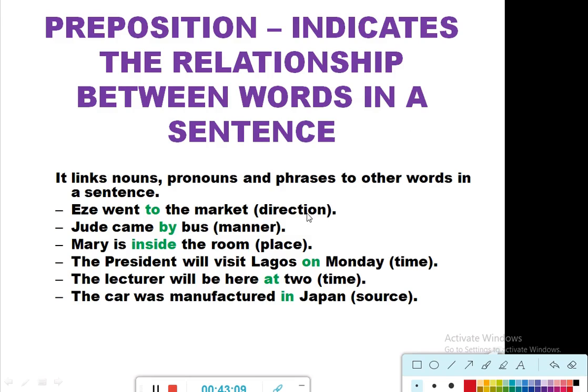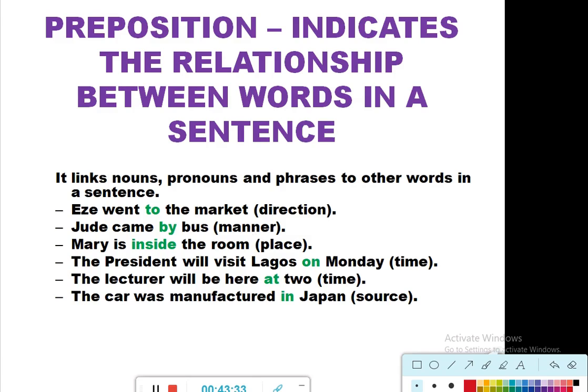This is indicating the direction, but is showing us the relationship between Eze and the market. Jude came by bus. It indicates a relationship between Jude and the bus, and it indicates the manner in which Jude came, or the means by which Jude came, if you like.